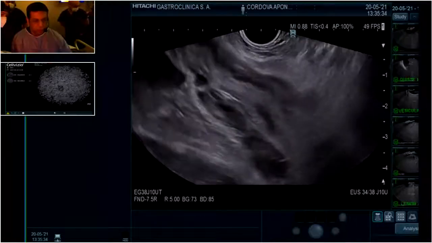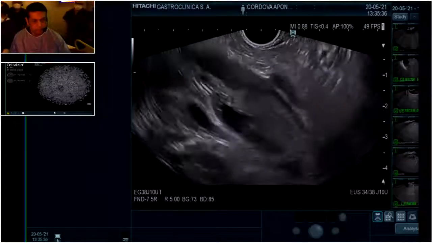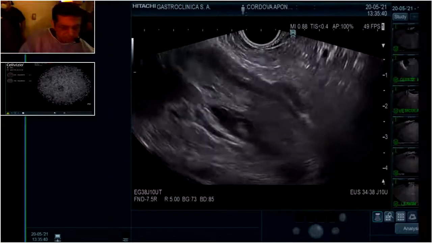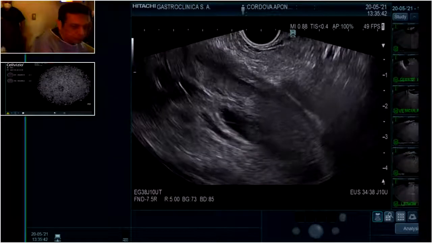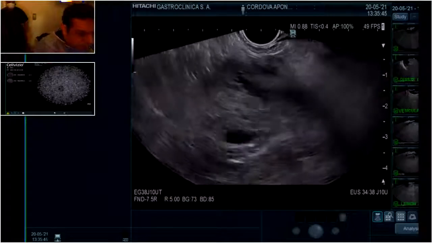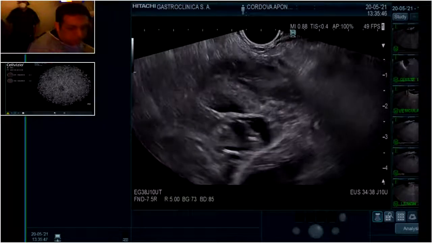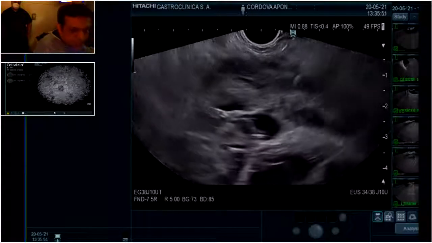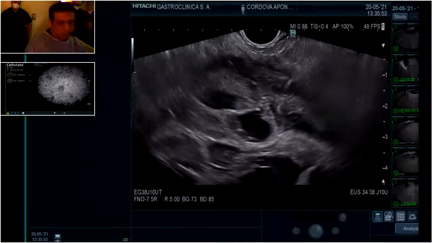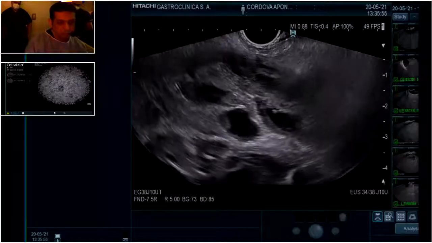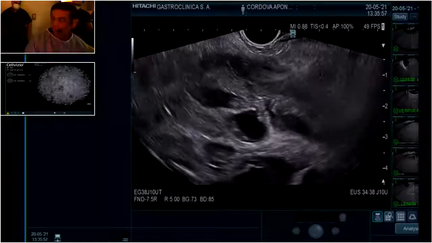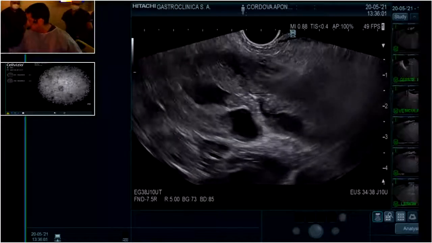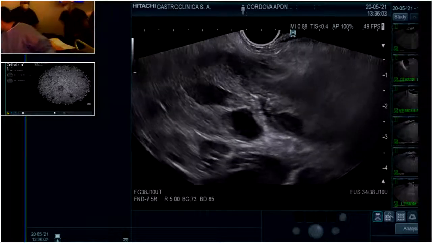I will try to go in another part of the cyst. Vamos a ver el contenido.